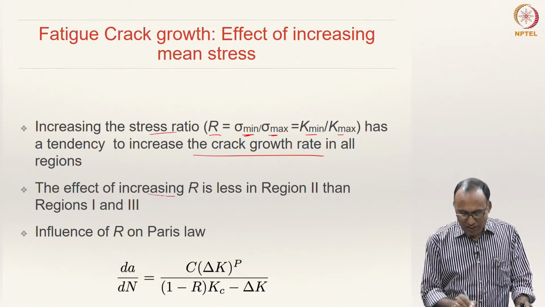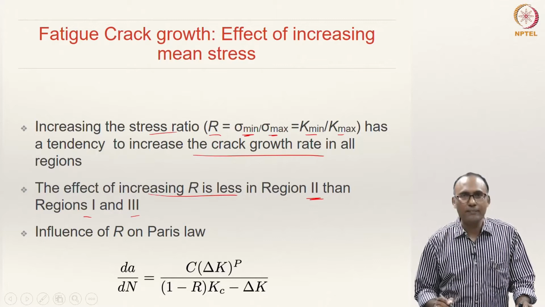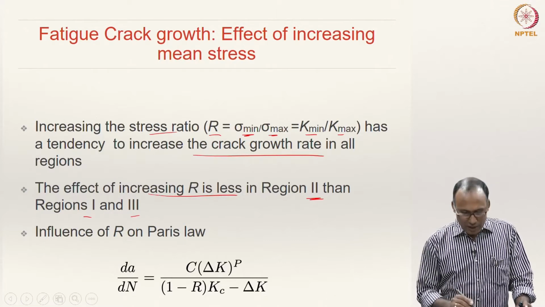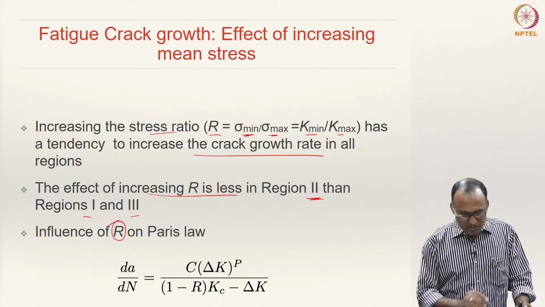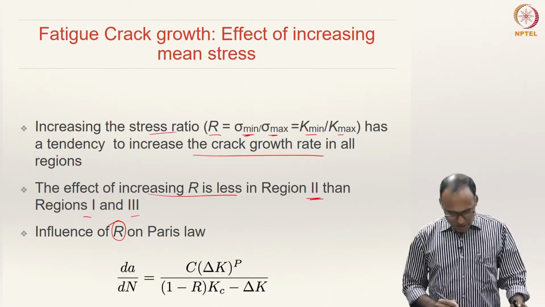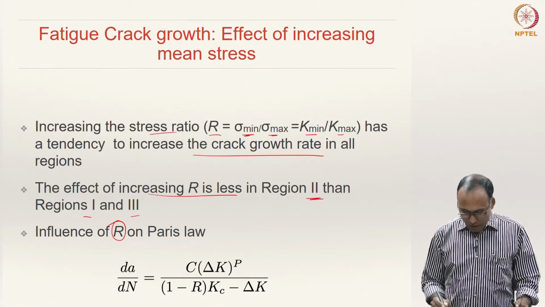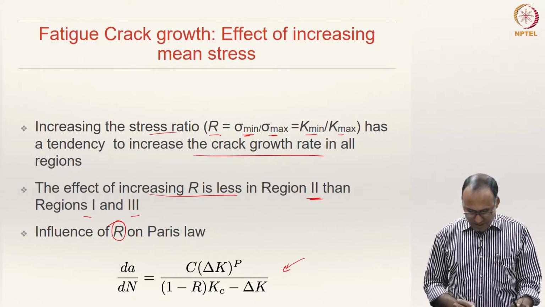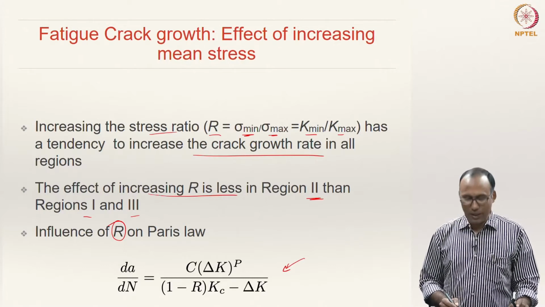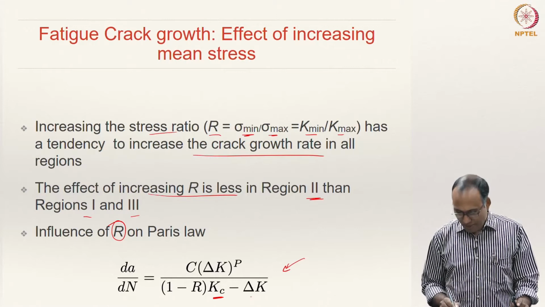However, the effect of increasing R is less in region 2 than in region 1 and region 3. So, how do we incorporate the effect of stress ratio on Paris law? One way to incorporate the value of R on dA by dN is this: dA by dN is equal to C delta K to the power m divided by (1 minus R) times Kc, the fracture toughness, minus delta K.